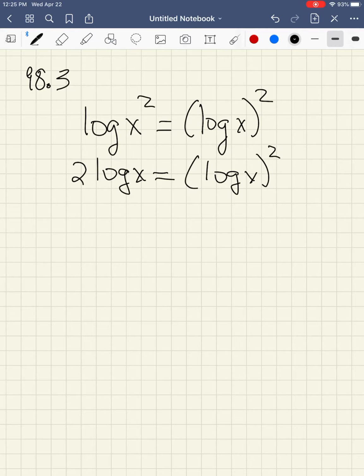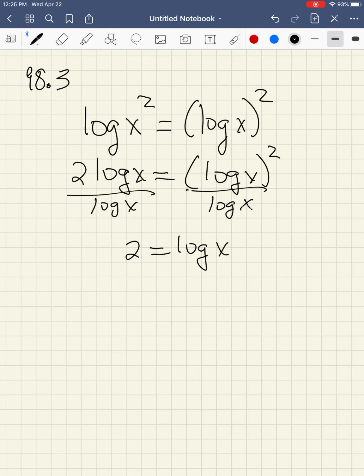And you know at this point that we could divide both sides by log of x and cancel it out. Right? So you would end up with 2 equals the log of x, which then you could write in exponential form. Remember, there's an understood 10. So this would be 10 to the 2 is equal to x, or x is equal to 100.